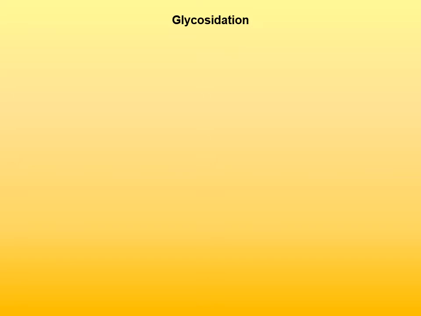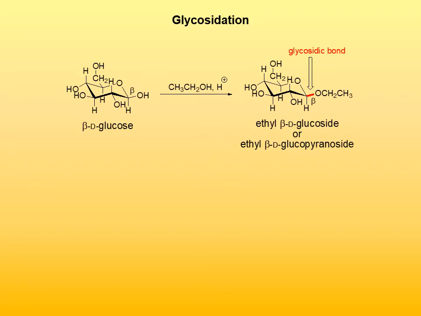This brings us to the glycosidation reaction for preparation of acetals or ketals from hemiacetals or hemiketals. So when a cyclic hemiacetal or hemiketal is formed by a monosaccharide, it can react with an alcohol.